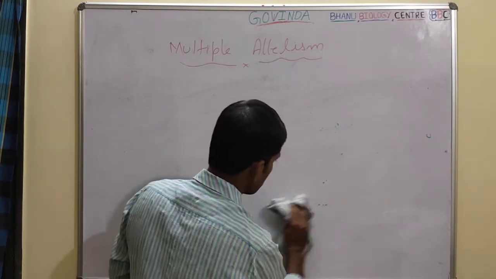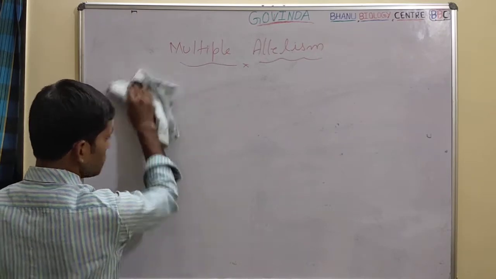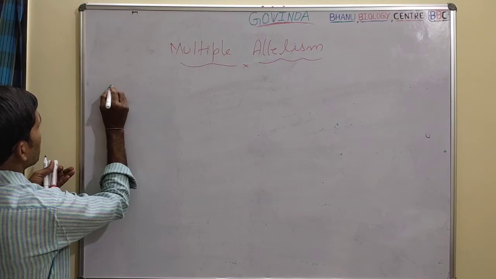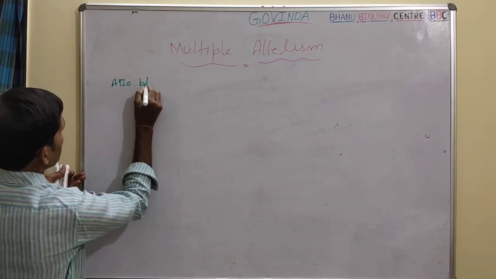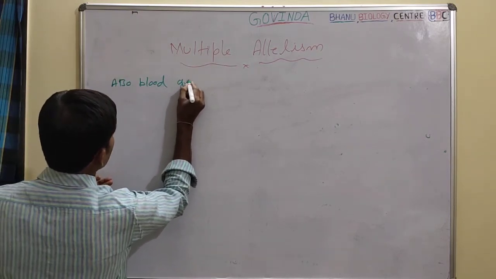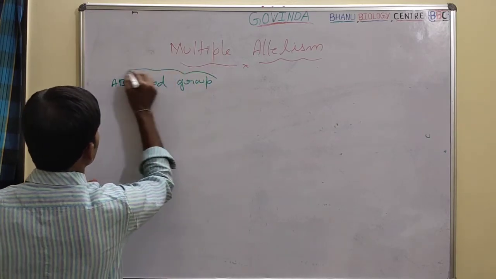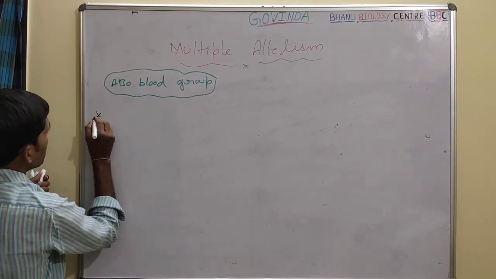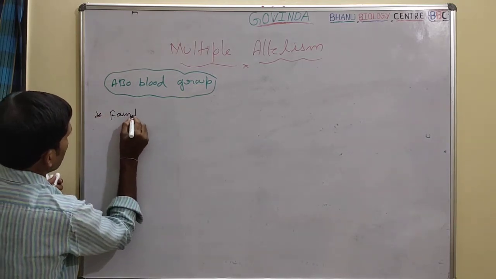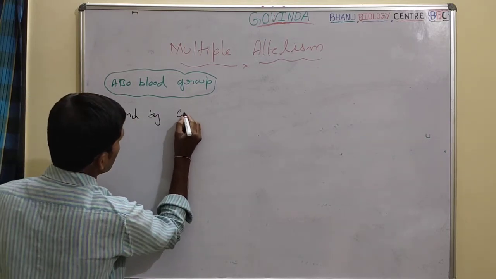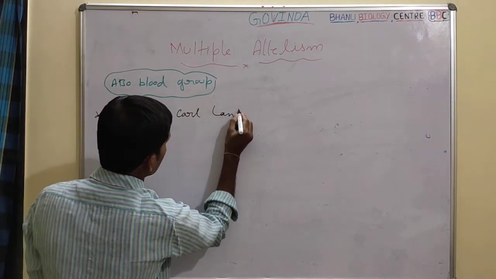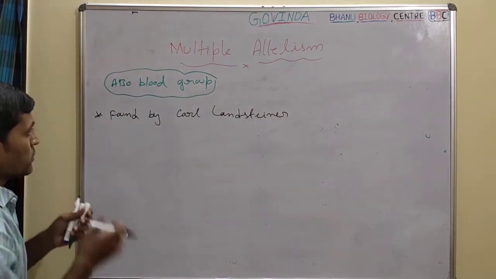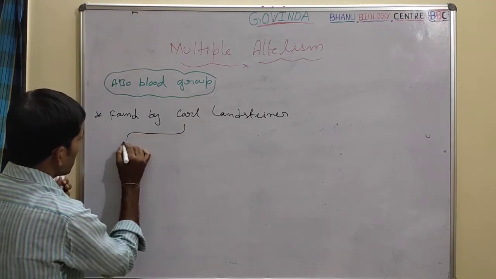Carl Landsteiner was the person who found the blood groups.